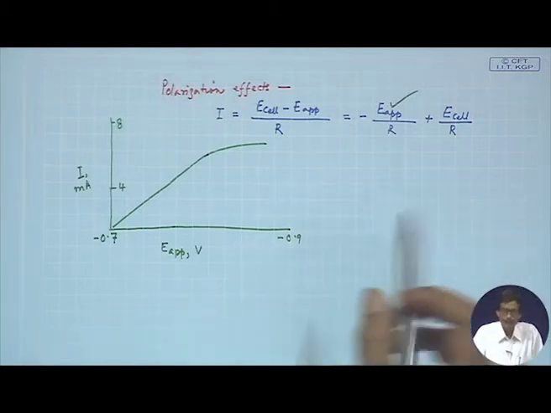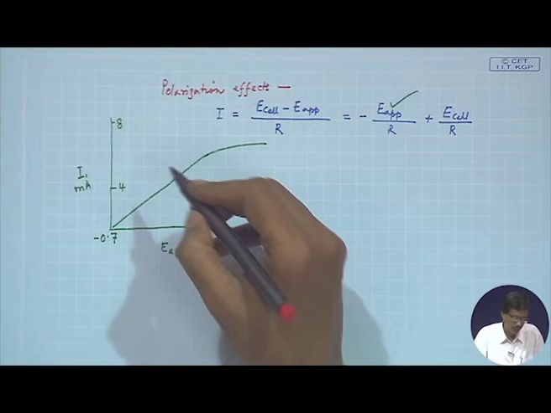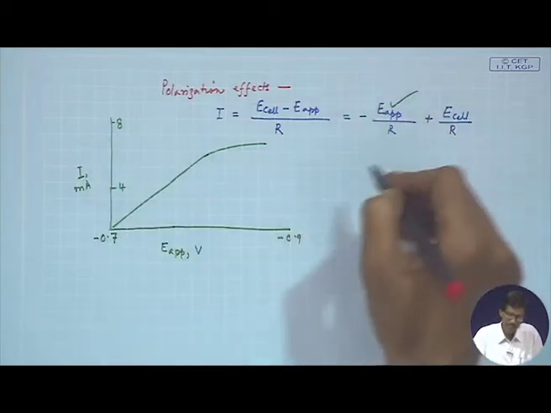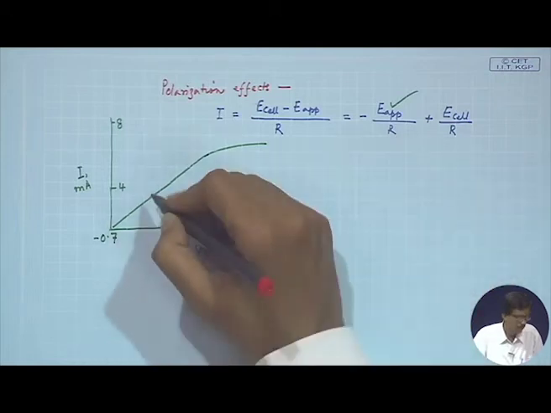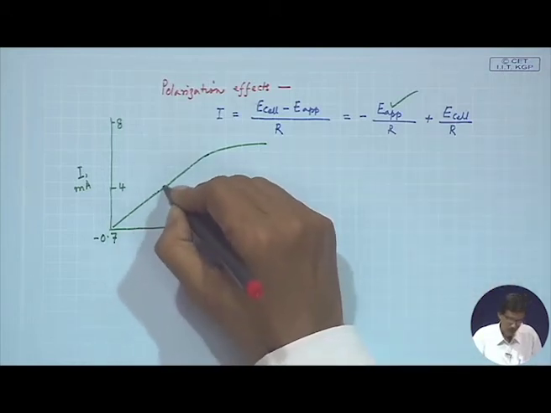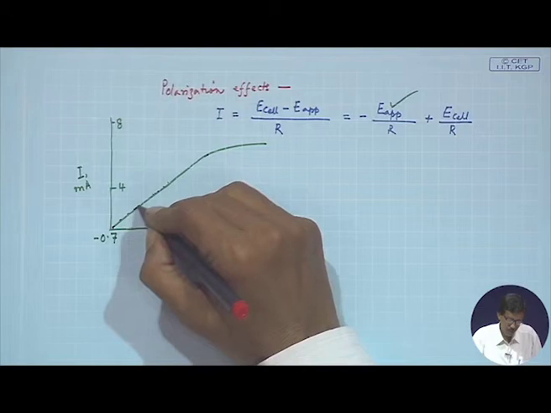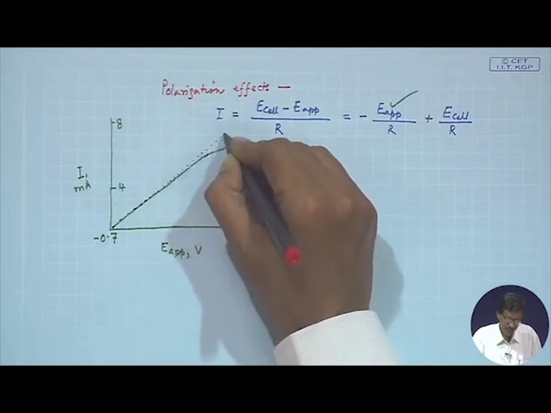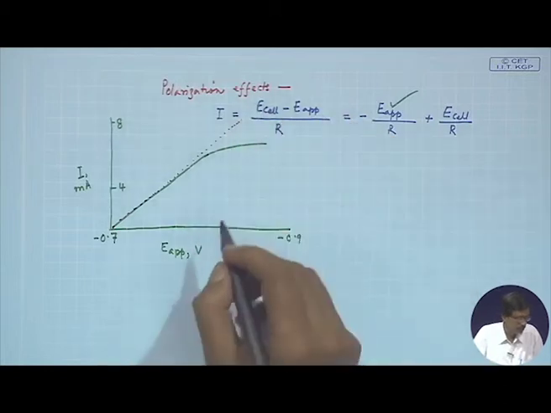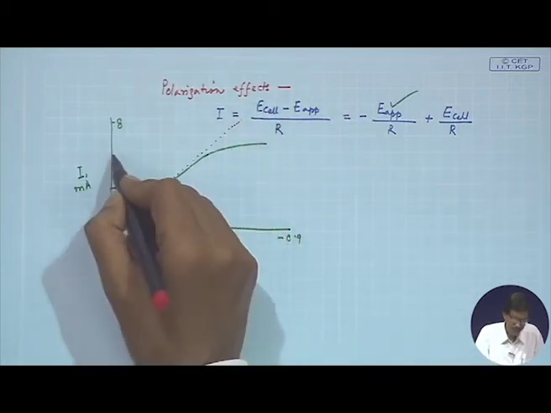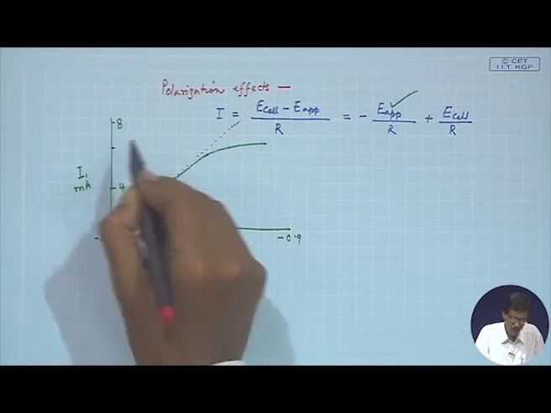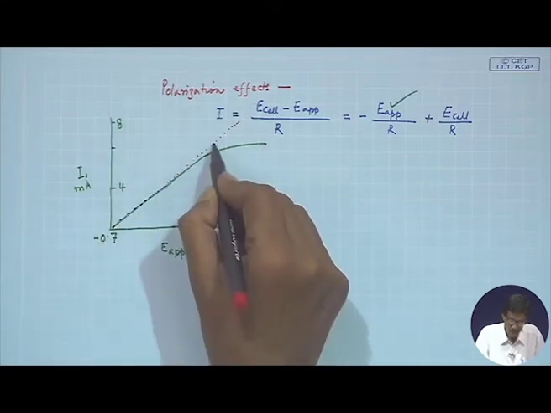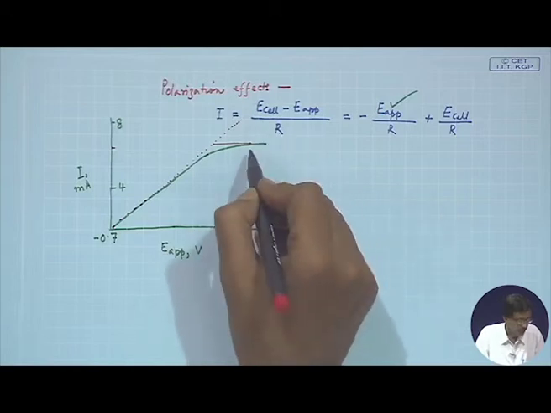Because you have the corresponding linear function, the deviation from this linearity can be extrapolated like this, and say here you can have the corresponding value of 7 milliampere.